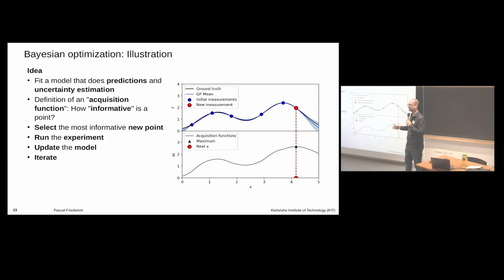But if you know things about the function, about the smoothness of the function, I think there are some guarantees that you will find basically the global optimum, because you then can look at the steepness of your fitted model, and if that's not too much below the steepness that you expect, you can assume there's nothing surprising in between data points anymore, and then you can kind of know that you converged.